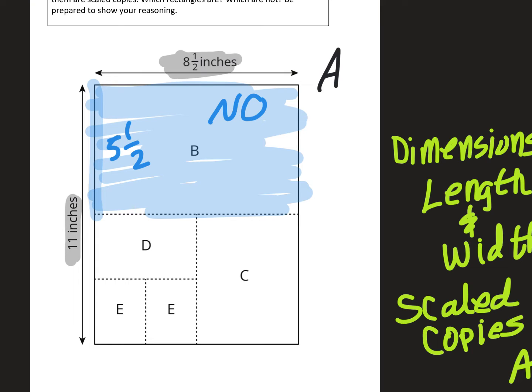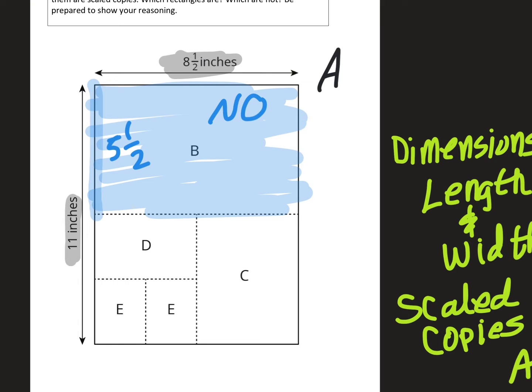Because the 8.5 inches side is still the same, and that would only be a scaled copy if the 11 side was still the same as well. I literally could not have said it better myself. To make a scaled copy, you've got to scale them by the same amount. So if we chop this 11 in half to get 5.5, we also needed to chop the 8.5.